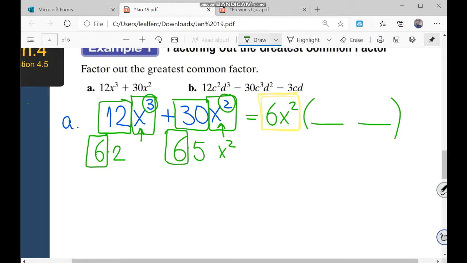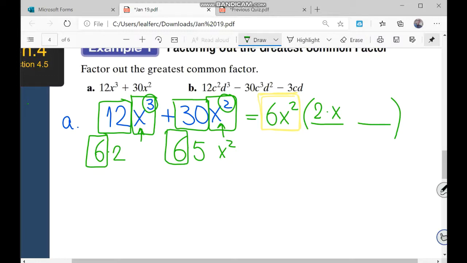To have 12x cubed, we have to multiply 6x squared by what? Well, we need 12. We need to multiply 6 by 2, right? To have 12. And we also have x cubed. And we need to multiply x squared by x to find x cubed. Correct?